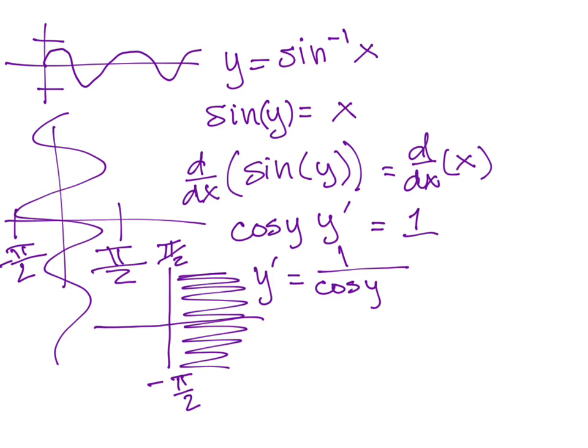So cosine of y is greater than or equal to 0 in that area. Cosine's my x values, and if I'm bound by negative pi over 2 to positive pi over 2, then I'm dealing with only right stuff. So cosine of y is going to be greater than or equal to 0.